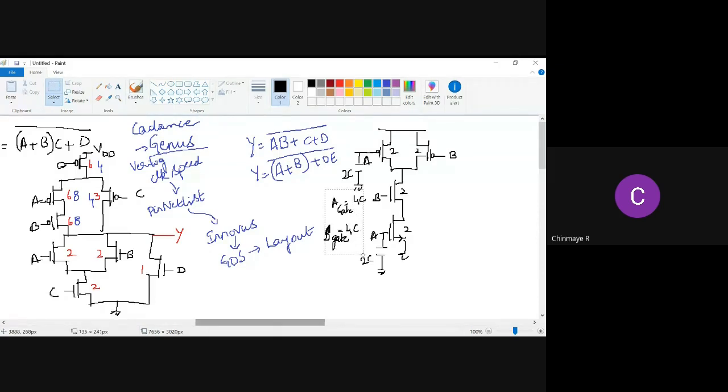Okay, I'll just remove this. Now, let's concentrate on what actually is contributing to the charging and discharging at the output. So here you have A and here you have A. This is the source, this is the source, this is the source, and this is the source, right?